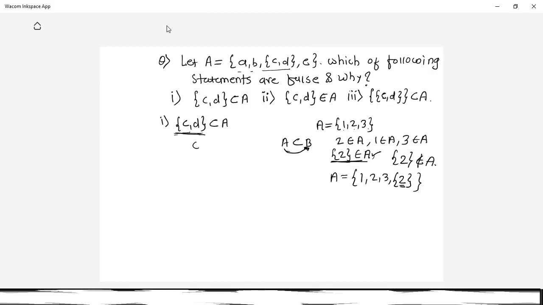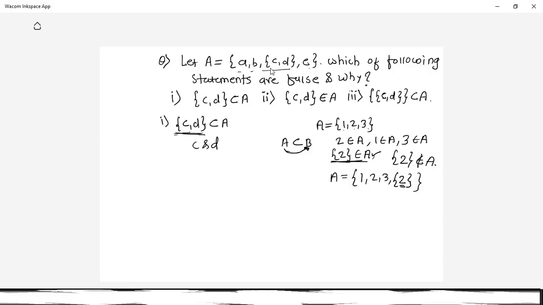C and D are the elements of this set. Whether C and D are elements of set A, which contains A, B, then one set with the elements C, D, and E. C and D are not elements of the set A. Set A contains one set as an element in which C and D are elements. C and D are not the direct elements of the set A.